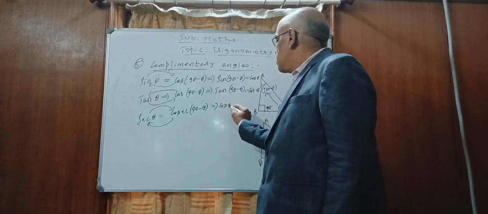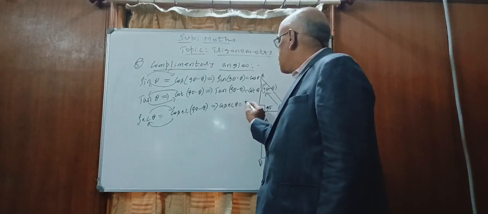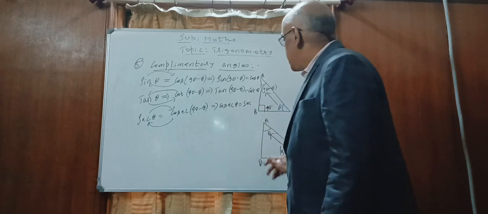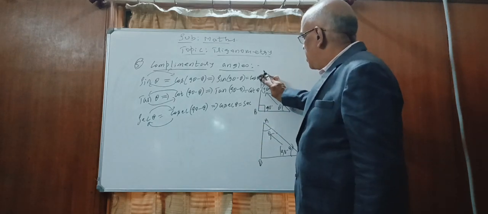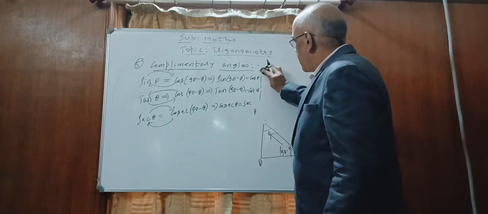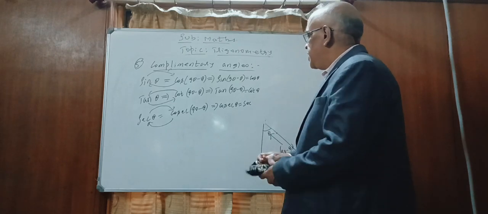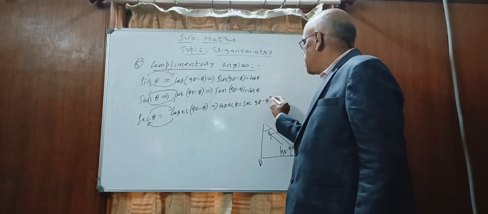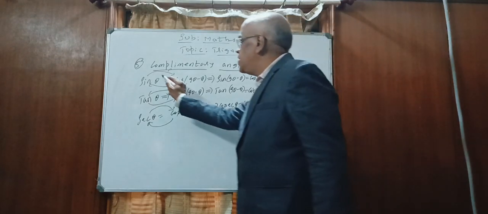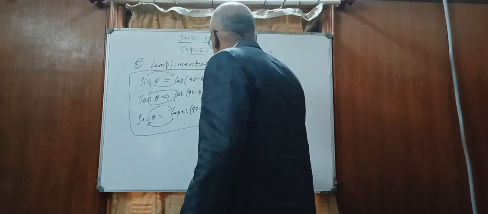So what is cosec theta? Cosec theta is equal to sec of 90 minus theta. I'll erase this triangle, I need space. Cosec theta is equal to sec of 90 minus theta. That's it, children. Finished. Very, very easy topic.